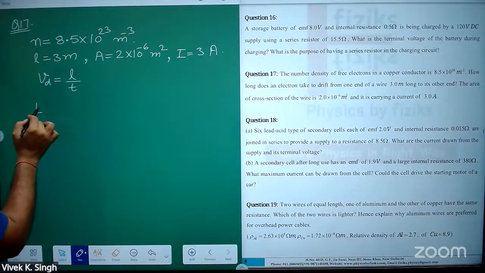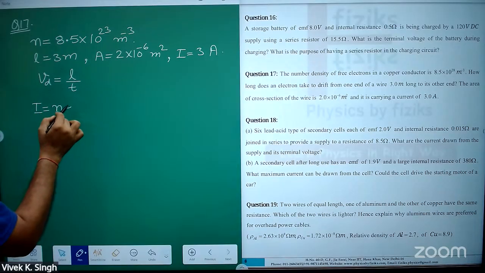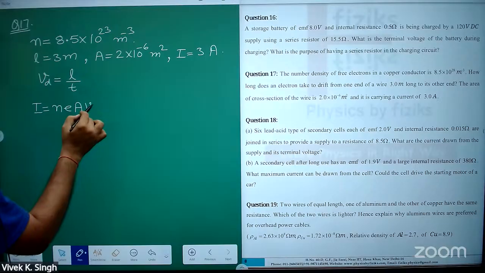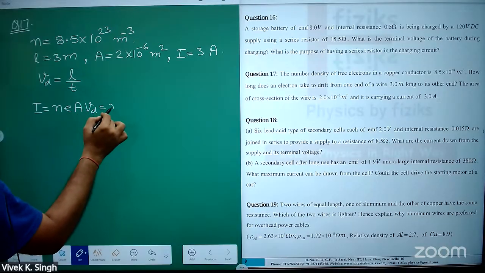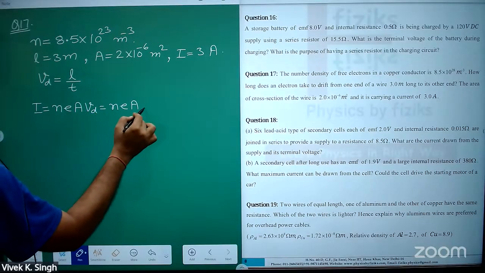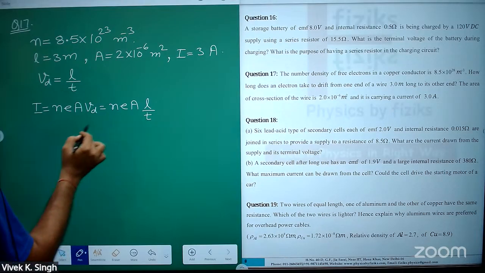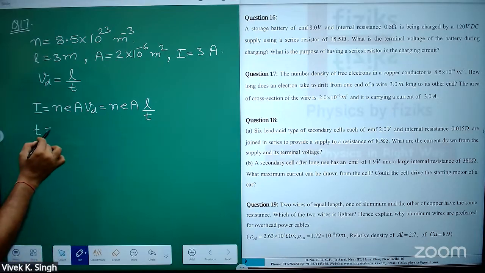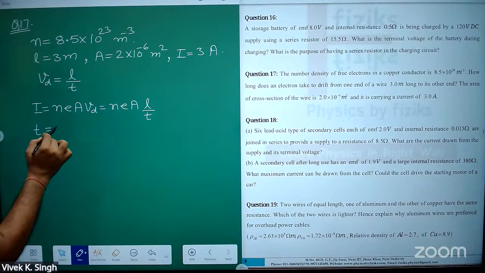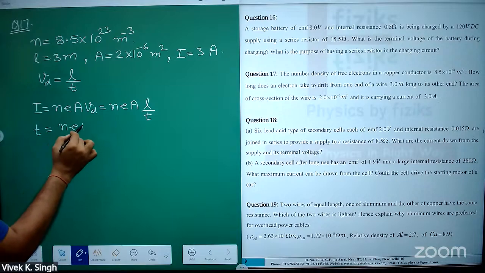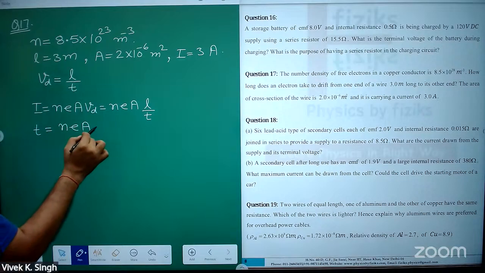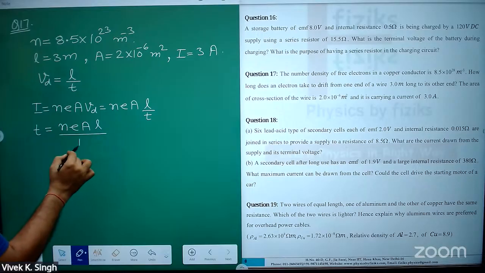And I is given as nEAVd. So this is nEA L by T. So time T is given by nEA L by I, where e is the electronic charge.